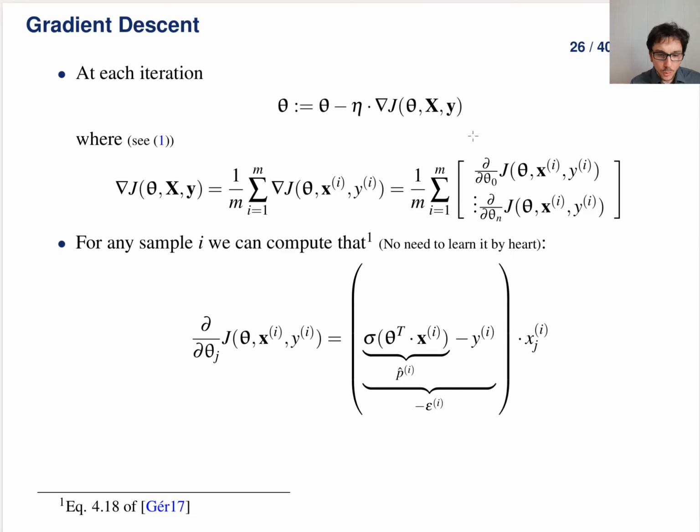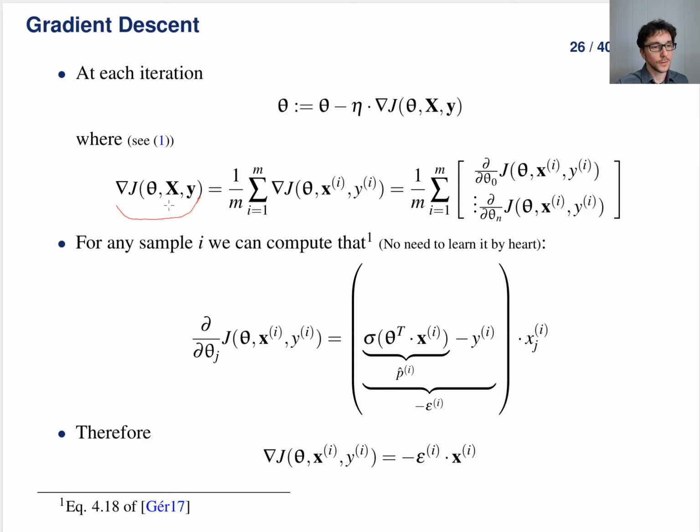What I just want to show you is that if we compute the loss function on the entire dataset, this is just the average of the loss function on any single sample. And so for the gradient it is the same. The gradient of the loss function on the entire dataset is the average of the gradient of the loss function on each single sample.